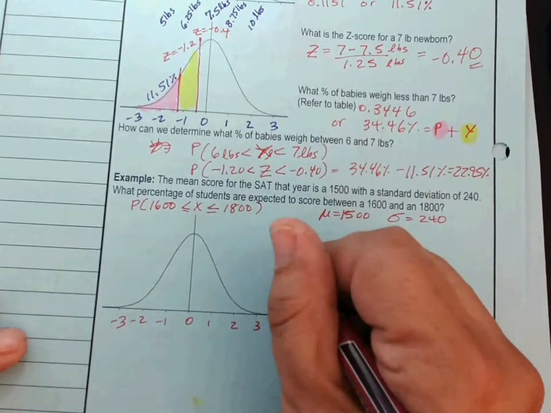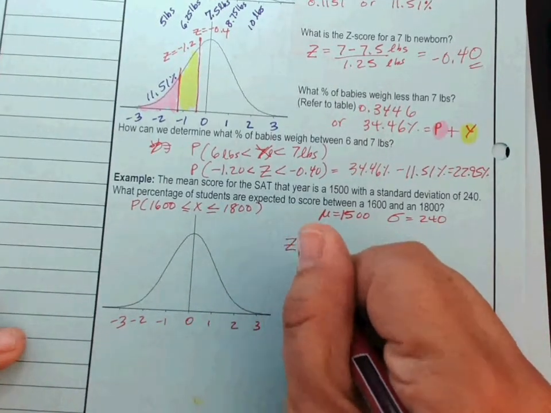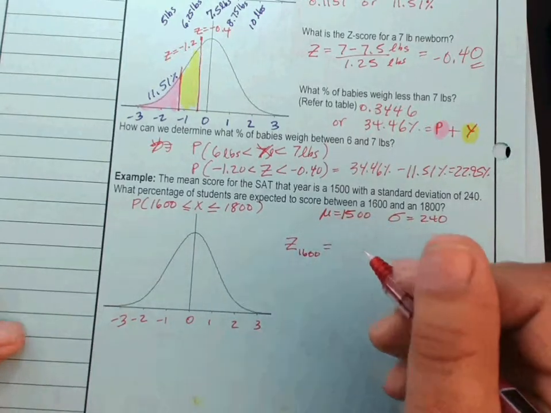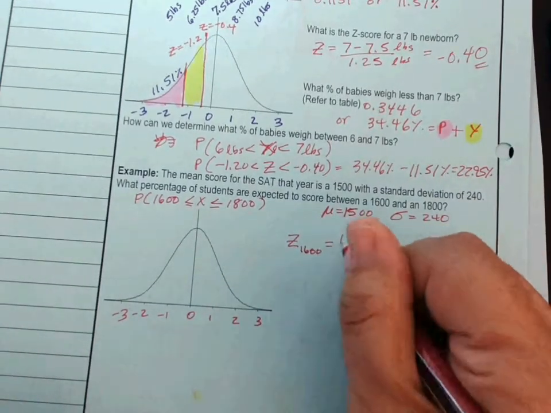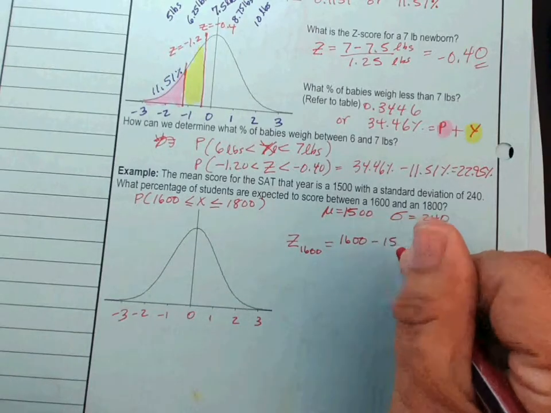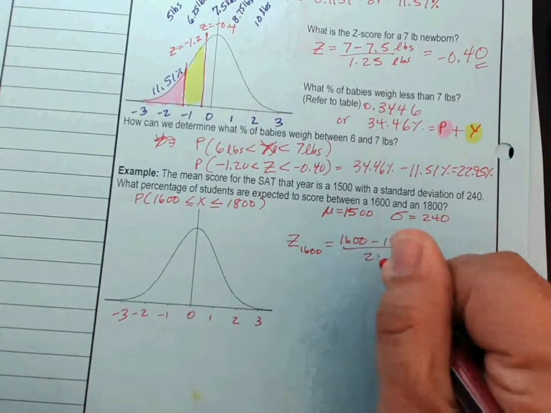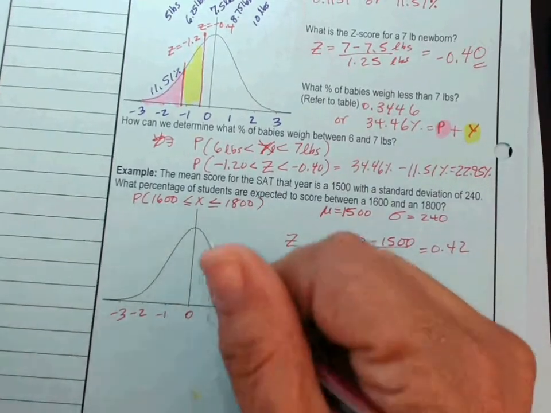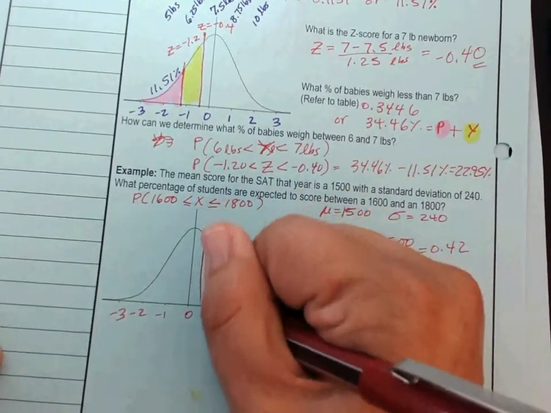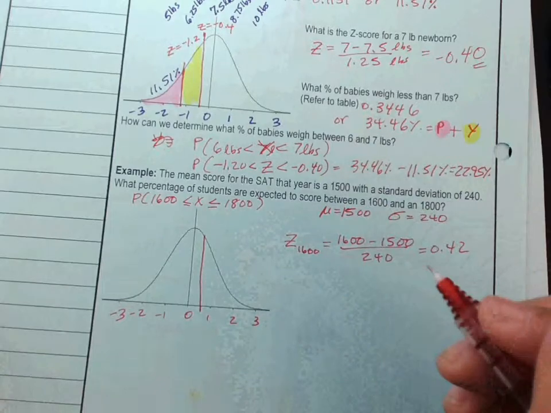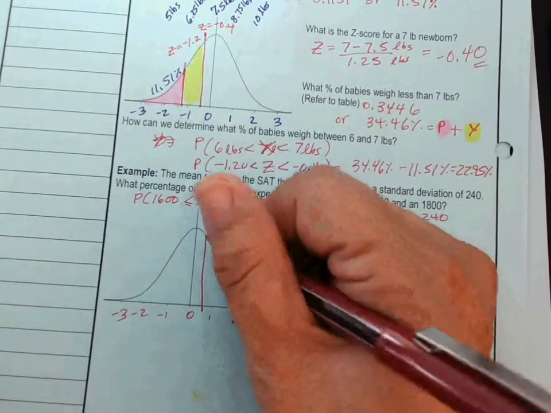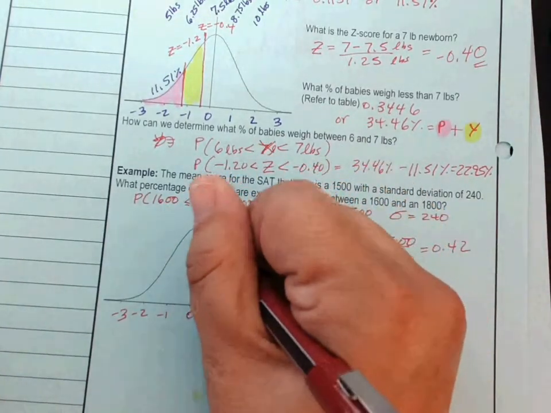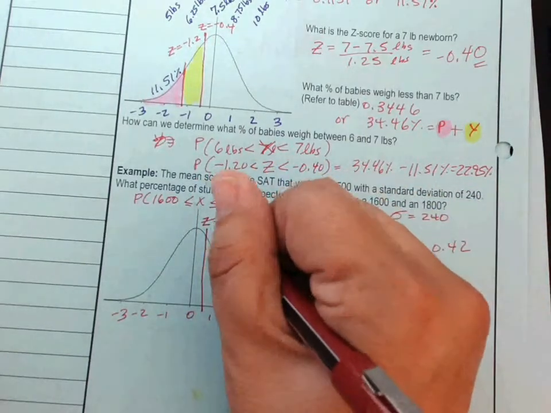The z-score for 1,600 equals 1,600 minus 1,500 divided by 240, which equals 0.42. So that means it's almost halfway to 1. And that's right there. So 1,600, z equals 0.42.